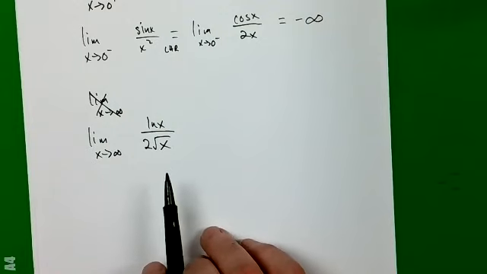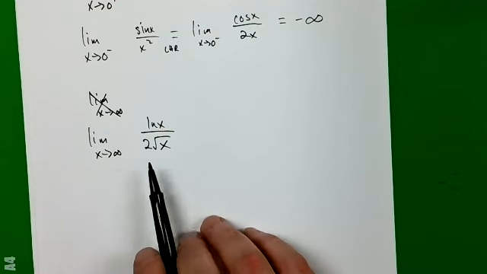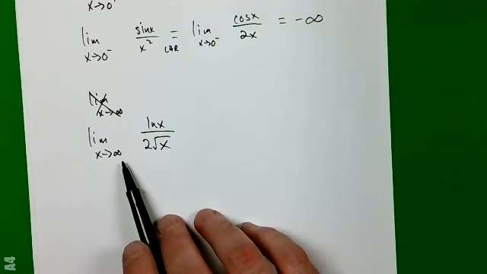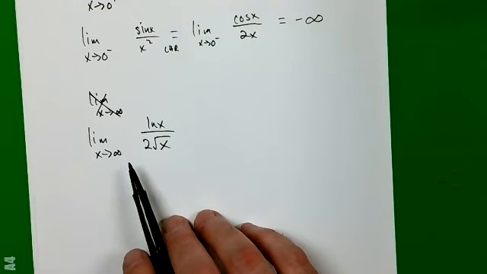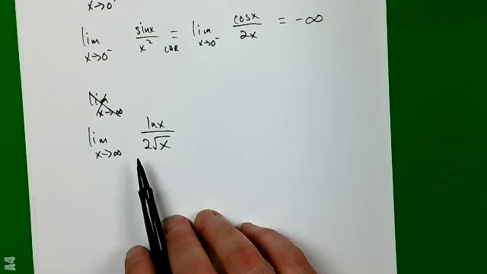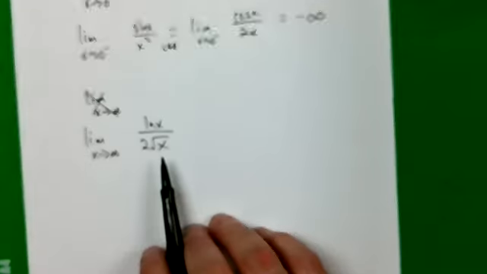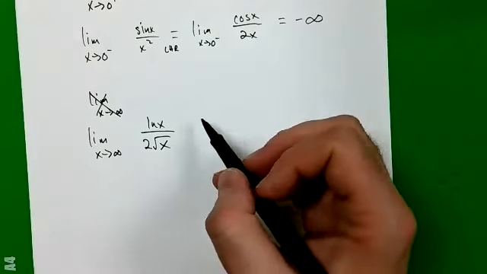And we can apply, there's only one way to approach infinity. So we can think of it as approaching infinity from the left if you need to. Sometimes that matters with infinity over infinity indeterminate forms. It won't on this one.